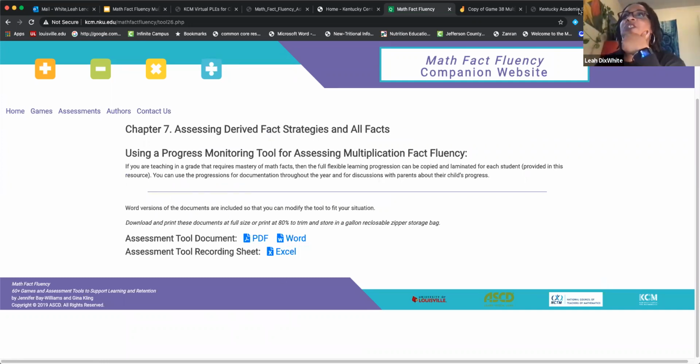Okay. Any questions about Math Fact Fluency, about the resources from the website? Some folks had asked about what was going to still be added, and while we're going to add some more depth, we've pretty much put the percentage of the book that the publisher will allow us to put.